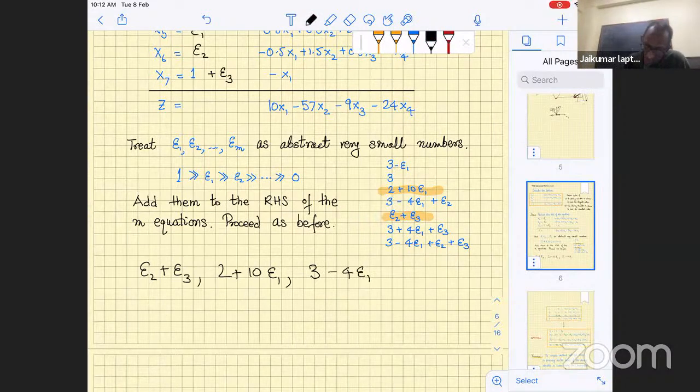And much more than this 3 minus epsilon 1, because this is 4 epsilon 1. And then there is plus epsilon 2, but epsilon 3 is non-zero. So it has to be respected at the appropriate time.